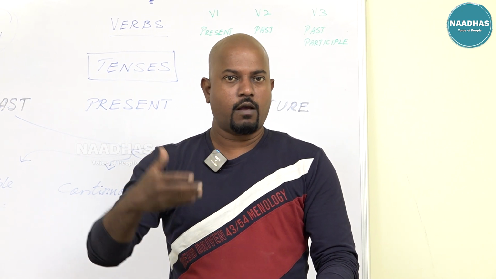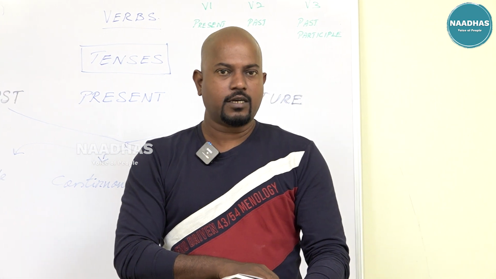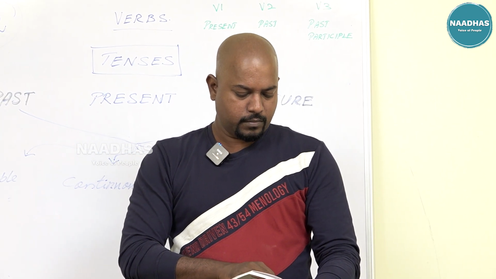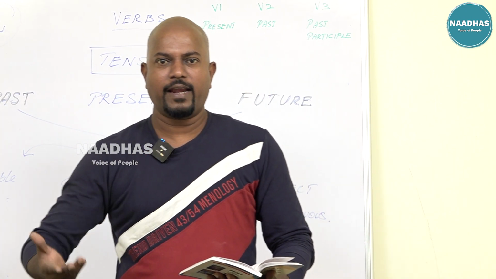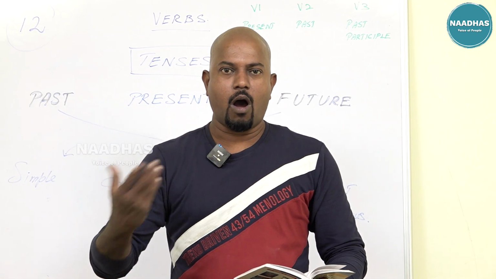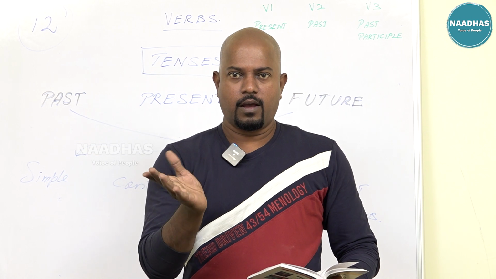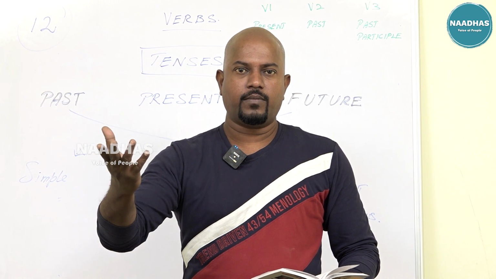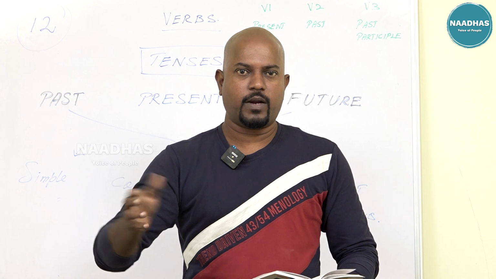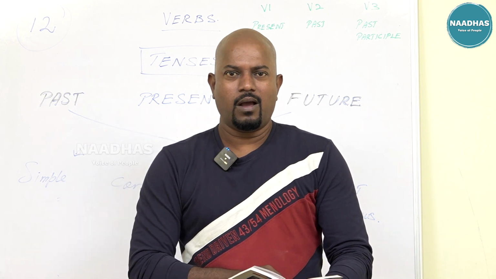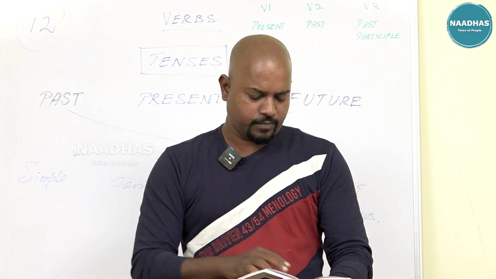Freeze, froze, frozen. Get, got, gotten, but right now the word gotten is not commonly used, but in words like forgotten it is used. But gotten alone, most probably it is not used, all right?